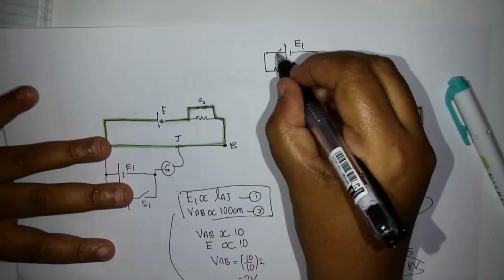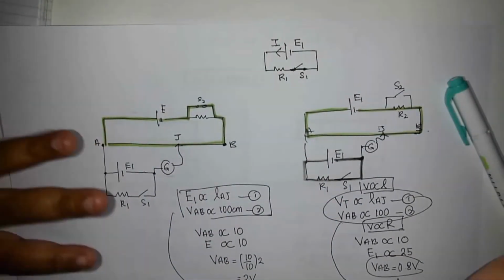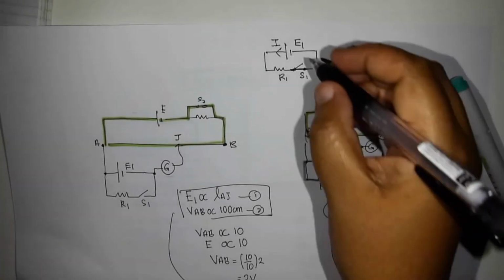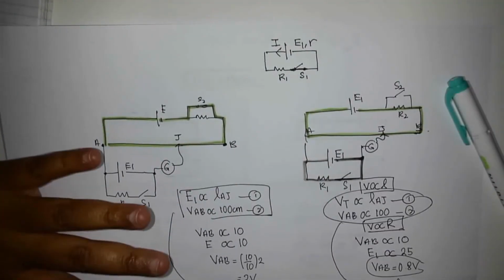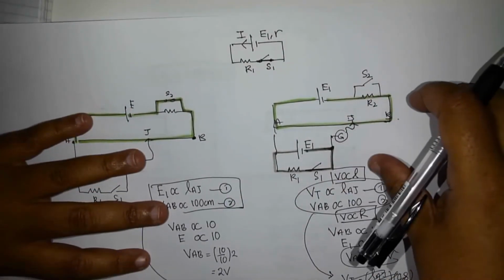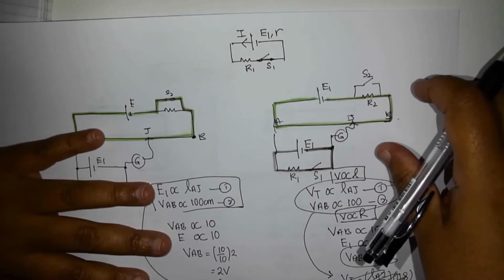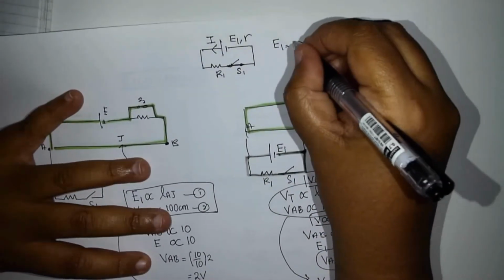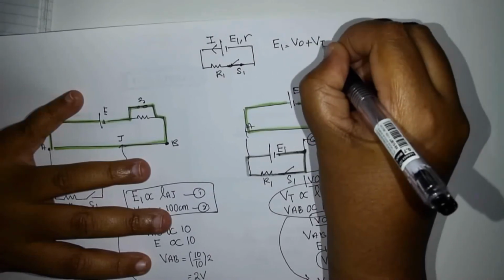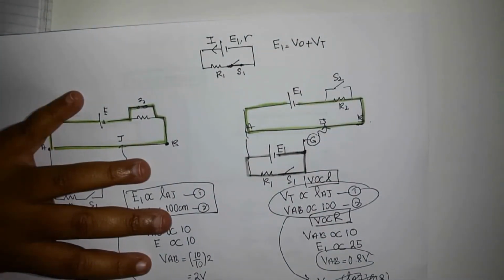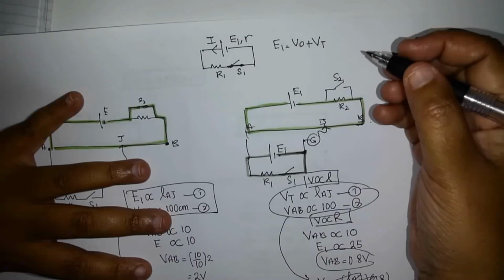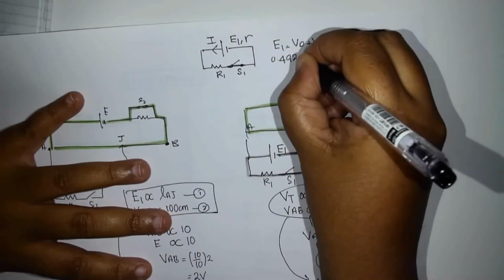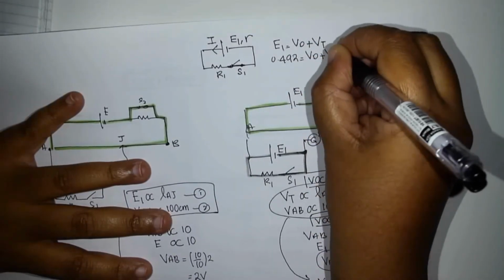Current flows, and there's the internal resistance. We want to find VT. Now how do we do that? We know E1 equals VD plus VT, and E1 is 0.492, which equals VD plus VT.